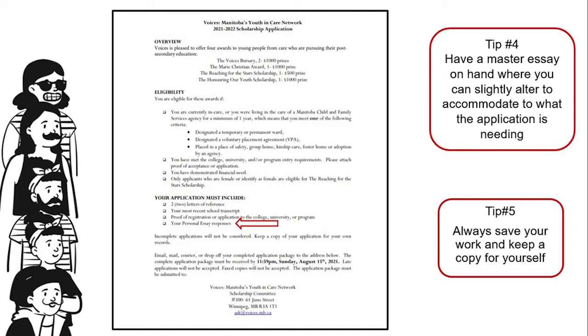And it's always good to note all the different scholarships and bursaries that you've applied to, so that you can do a follow-up on the application, see if they received it, when you'll hear back, those kinds of things, and just have all that general information on hand.